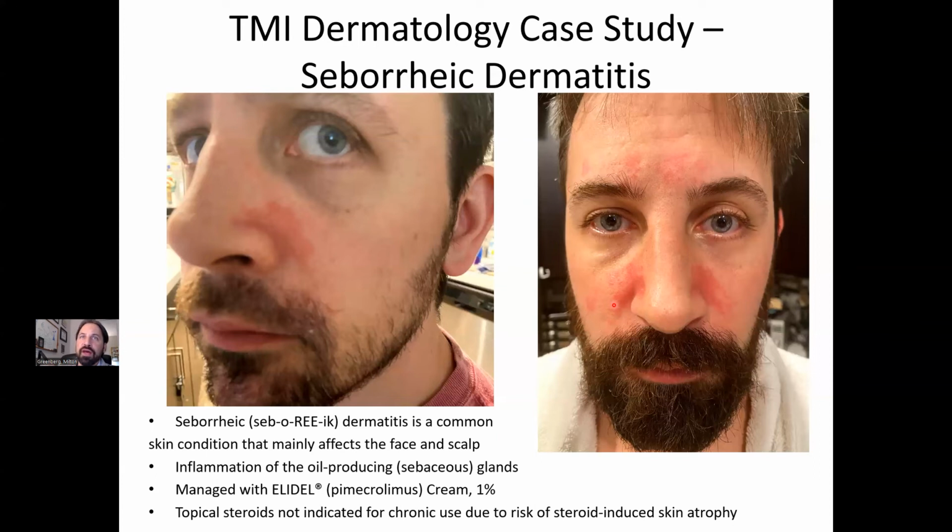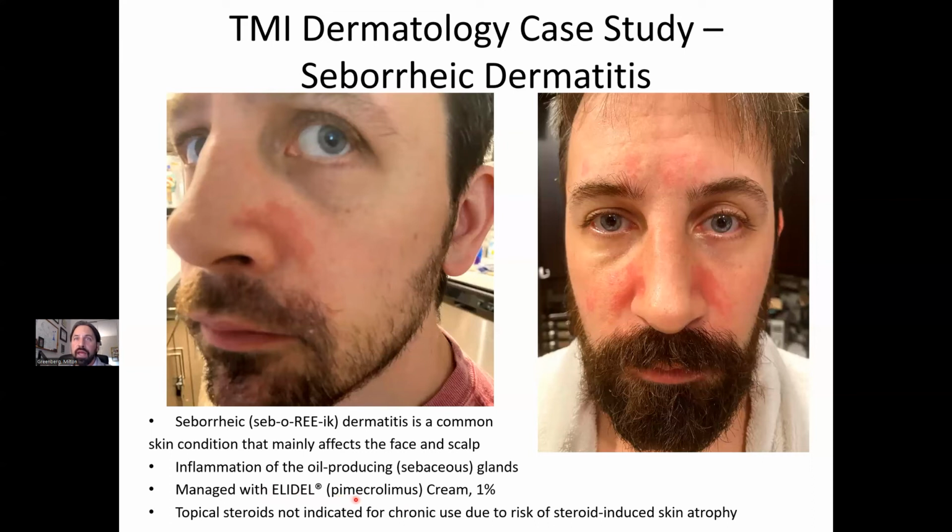I got on the phone with telemedicine with a PA who prescribed topical antibiotics that really didn't do anything. It wasn't until I saw an actual dermatologist that I got a recommendation for Elidel.